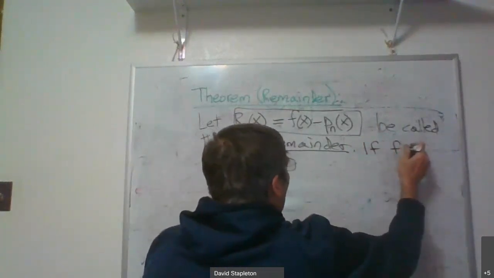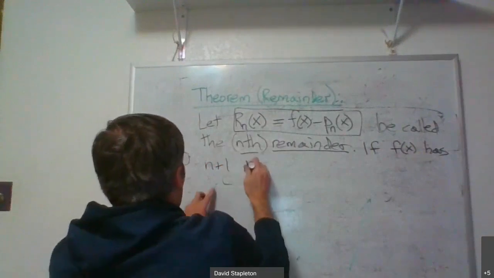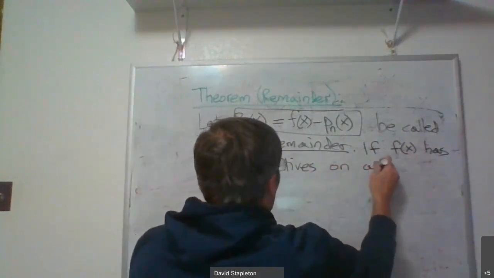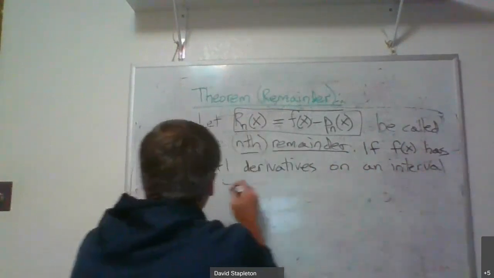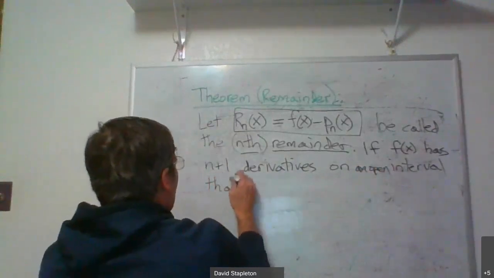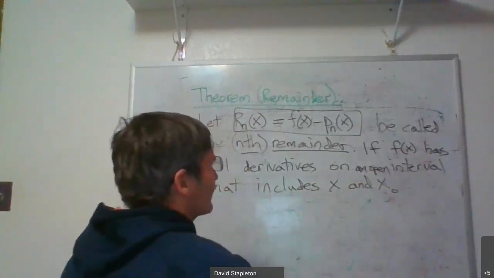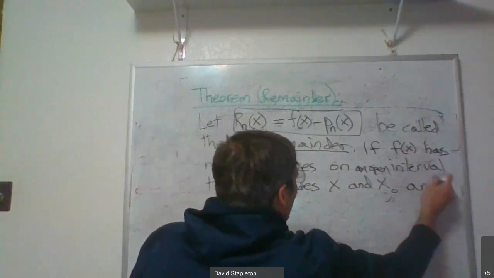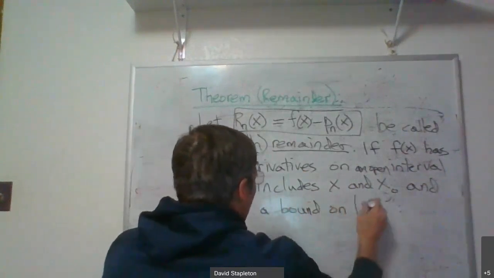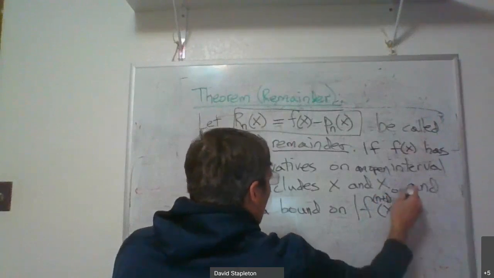If f of x has at least n plus one derivatives on one open interval, I better say, that includes x and x0, and suppose M is a bound on the absolute value of the n plus first derivative, at x0, the point of expansion.